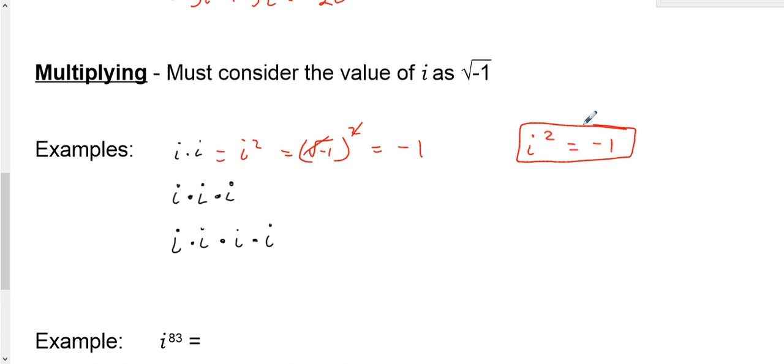This is a huge part of complex numbers that we will need to use. i squared is negative 1.